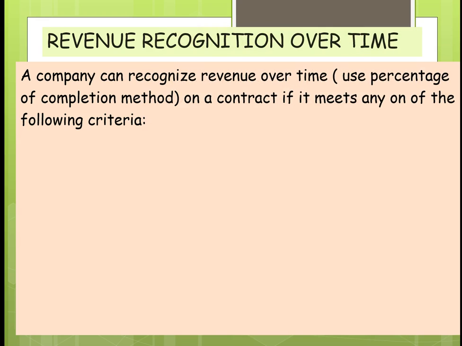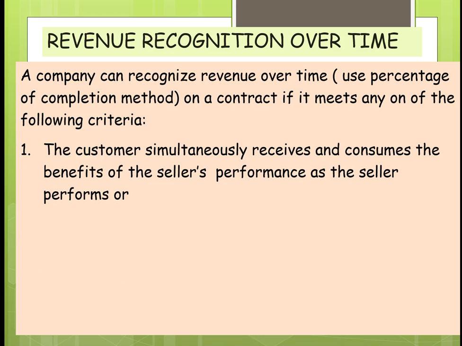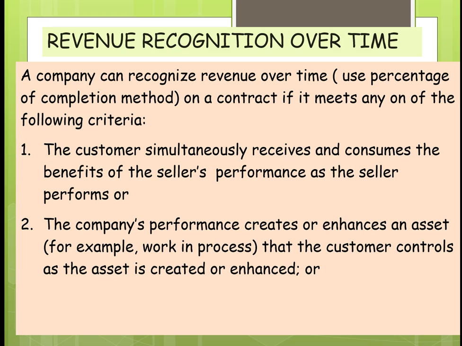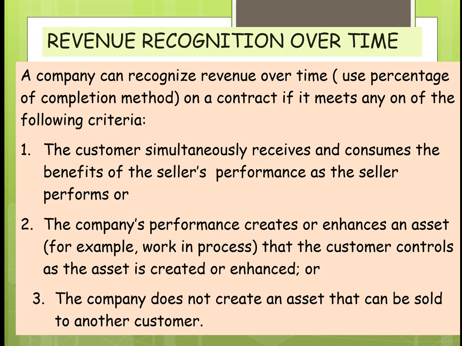Now, you can recognize revenue over time, use percentage of completion, if the customer simultaneously receives and consumes the benefit of the seller's performance as the seller performs, or the company's performance creates or enhances an asset, for example, work in process, that the customer controls as the asset is created or enhanced, or the company does not create an asset that can be sold to another customer.